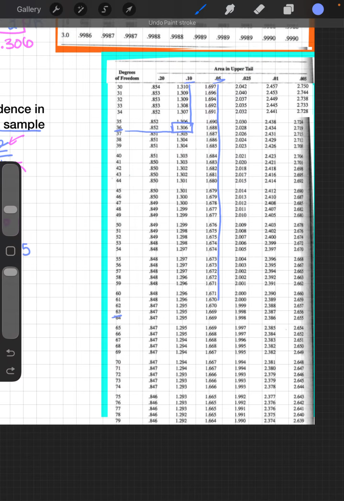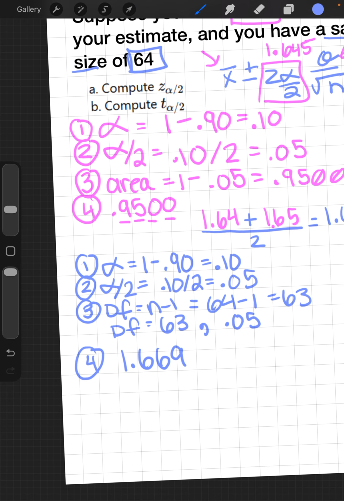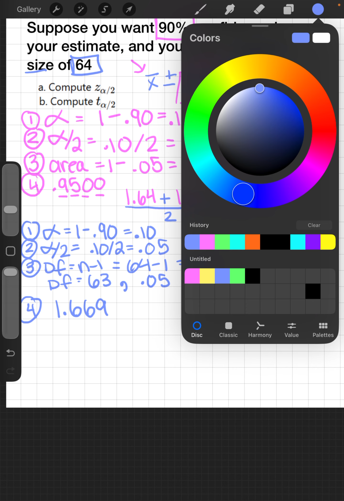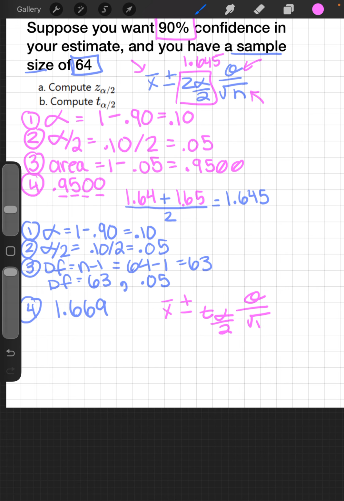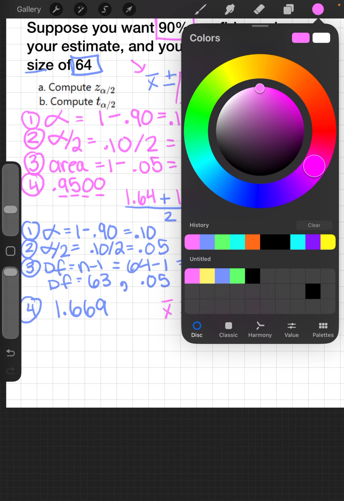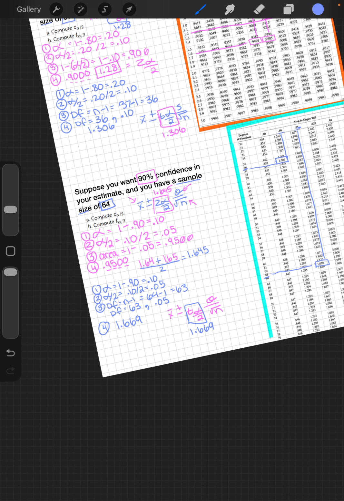Oh wait, is this one? 1.669. So for plus or minus t alpha over 2, right here, I'm going to put 1.669.